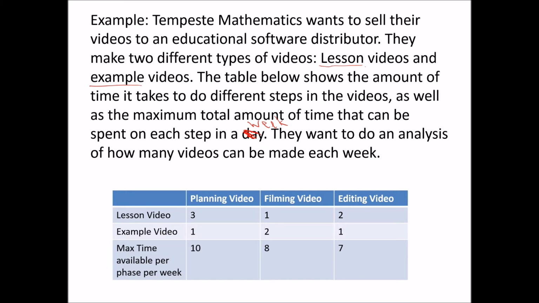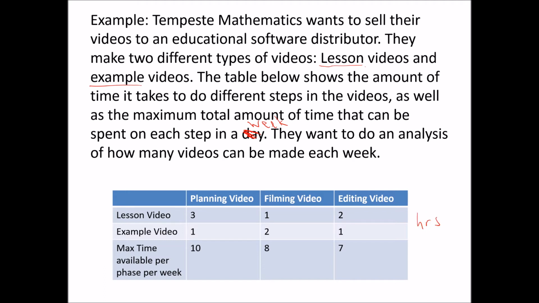So let's analyze this little table here. We've got our two types of videos, lesson videos and example videos. And there are three stages that are part of making these videos: planning them, filming them, and lastly, editing them. All of these times are in hours.